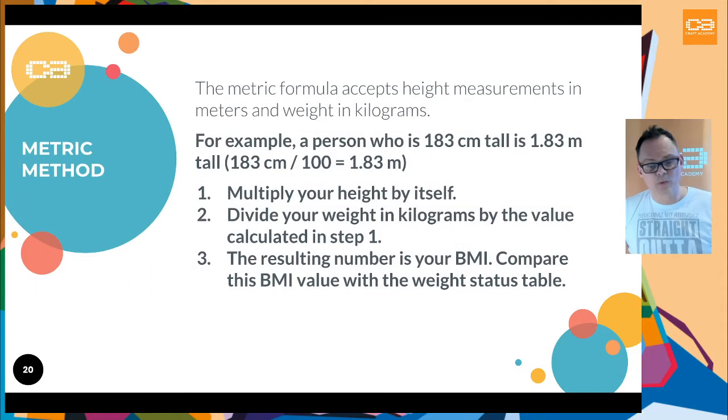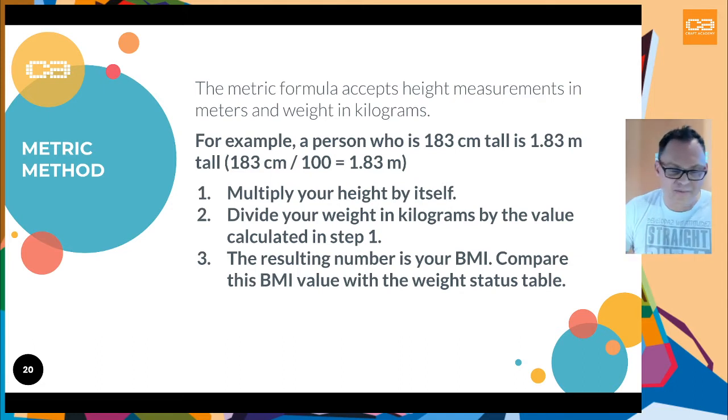Now, there are two ways to do this, and that's what makes this a little bit interesting, because there are two different algorithms that could be applied, one metric and the other one imperial. In the metric method, it takes two values: the height measurement in meters, and the weight in kilograms.